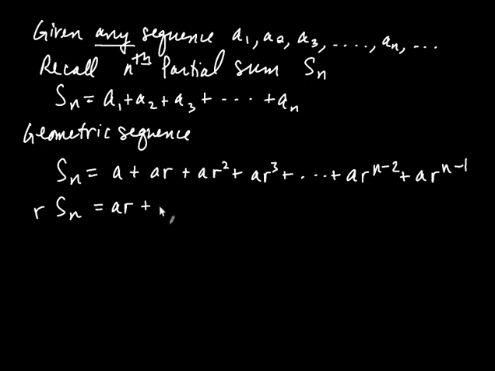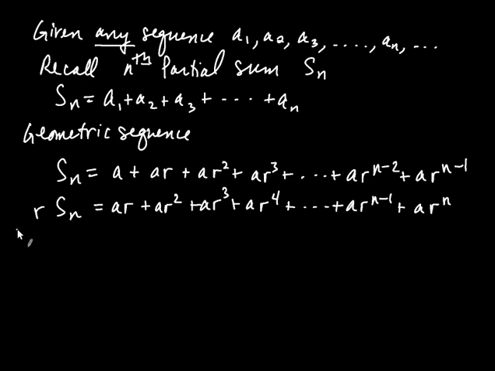Multiply the next term by r, ar squared plus ar cubed plus ar to the fourth. Down the line, this would become ar to the n take away 1, and when you multiply the last term by r, you get ar to the n, because r to the n minus 1 times r gives you just r to the n.